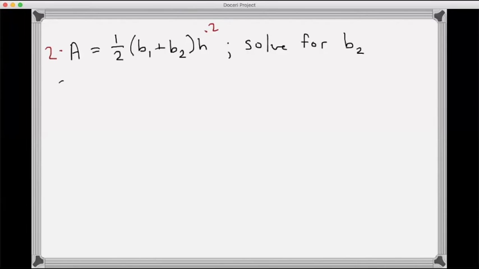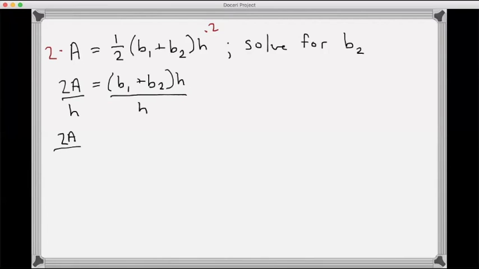That's going to give us 2a is equal to (b1 plus b2) h. And now we need to divide by h on both sides. And that's going to give us 2a over h is equal to b1 plus b2.